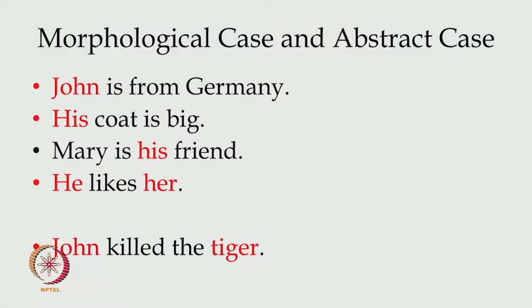John is from Germany. What are the noun phrases that you see here? John is one and Germany is the other one. The first thing that I told you is both the NPs must have case. We don't know which case so far, but both the NPs must have case. As a matter of fact, I have marked just the first one for our purpose, but both of them have abstract cases. Do you see any change in Germany?